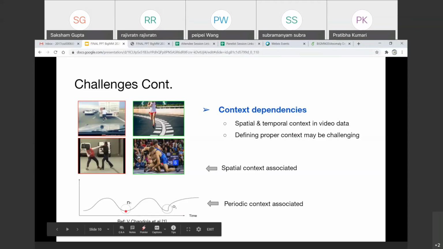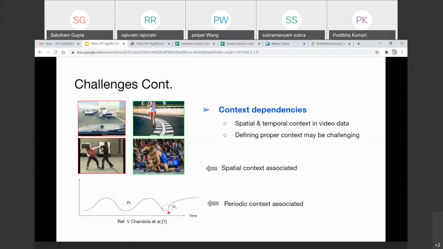At N1, the lower value is normal, whereas the same lower value at O1 becomes abnormal because of the associated periodic context. So we observe that knowing the context, or modeling the context, becomes necessary in order to classify correctly. Sometimes the associated context is hidden. We don't know it a priori, so it becomes a challenge.